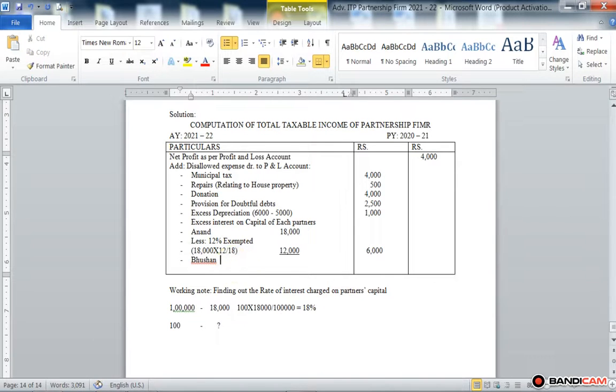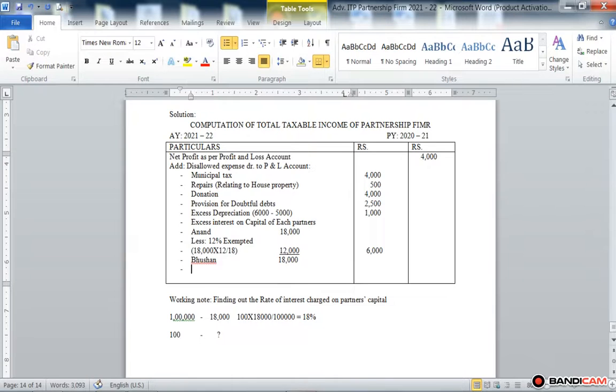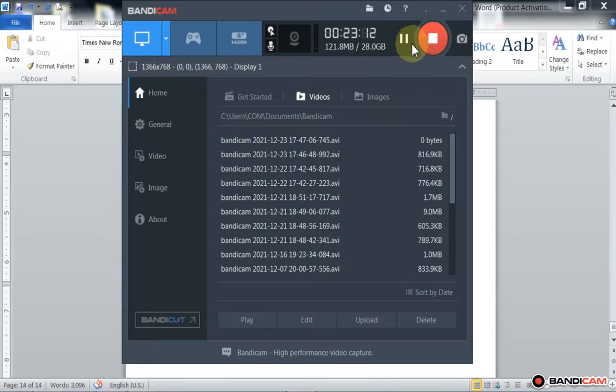So 18,000 less exempted, that is 12,000. So the remaining balance is taxable, that is amounting to rupees 6,000 is taxable. Got it? Yes sir.